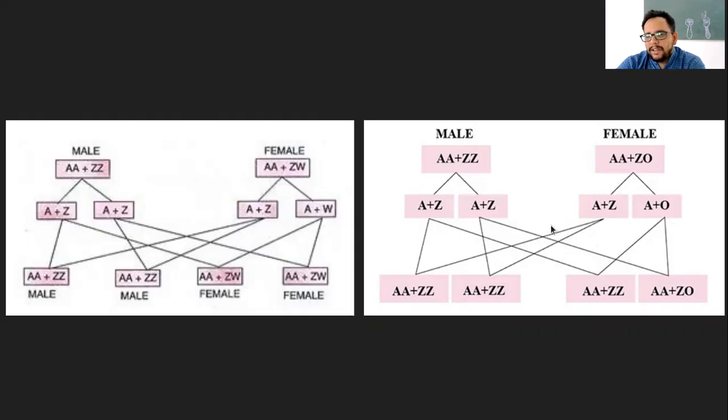Based on chance, there will be formation of a particular gamete. Now in this case, if you specifically look, three of them are AAZZ, that is autosomes with sex chromosome, and this one will be female. Rest all will be males.